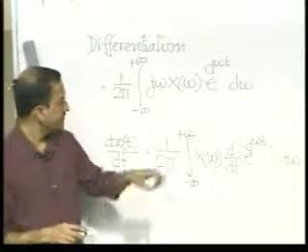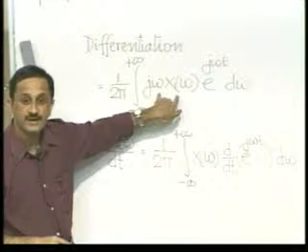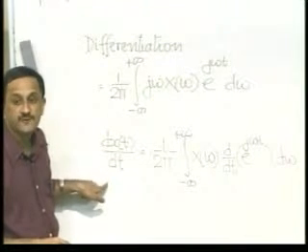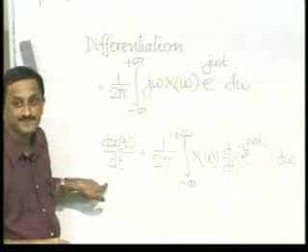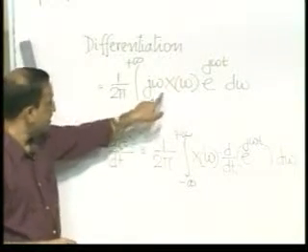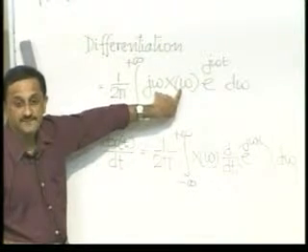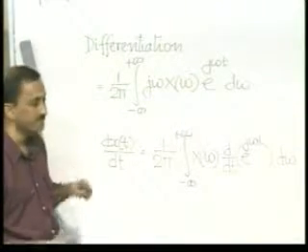So, it is quite clear this is the derivative of x of t. If we look at this expression, this is clearly the inverse Fourier transform of this expression, and therefore, this is the Fourier transform of the derivative.